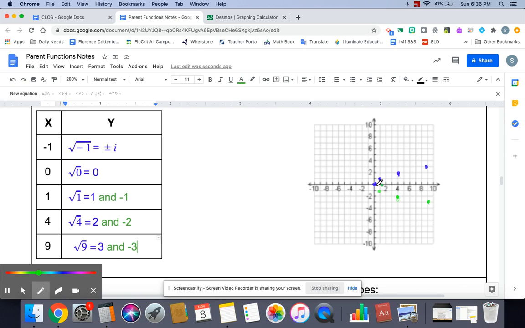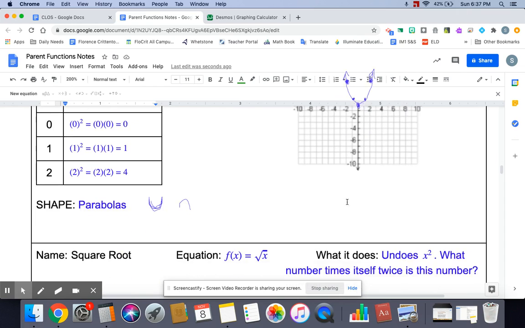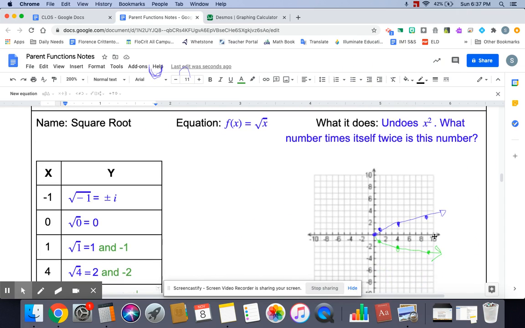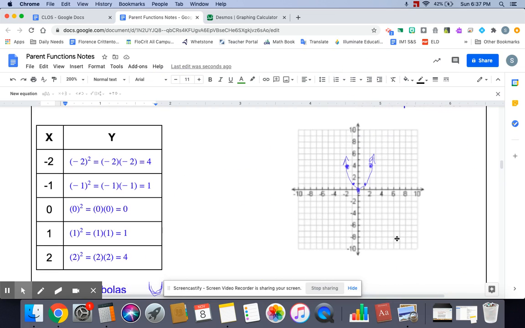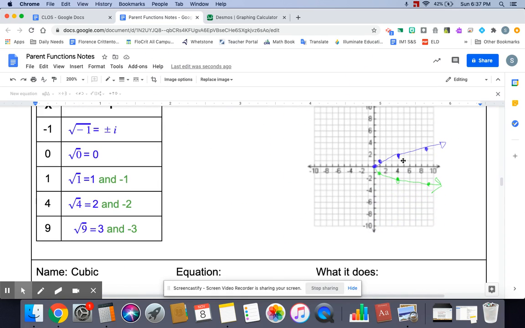So that when connected, this is the shape it makes. So if you look at x squared, which was like this, and its inverse, the square root, it's like the graph turns sideways. You see how it rotates? It rotates 90 degrees clockwise, and that you get this graph right here.